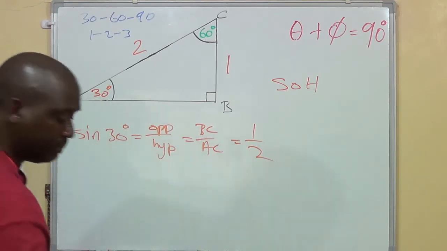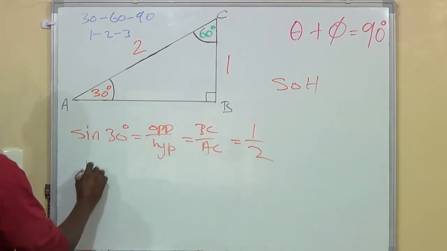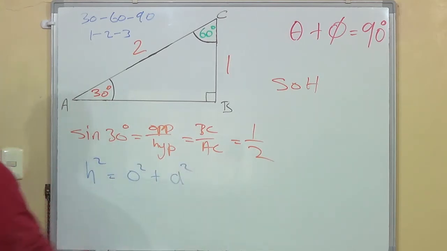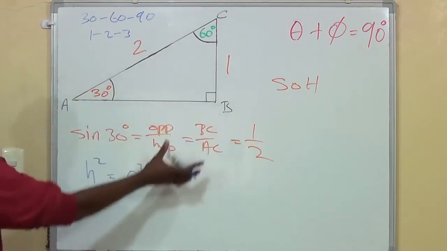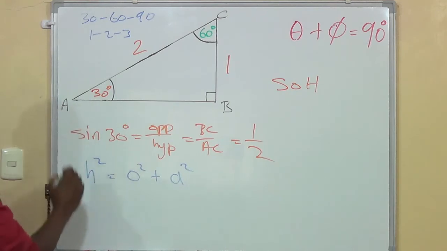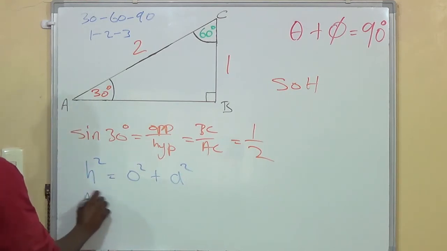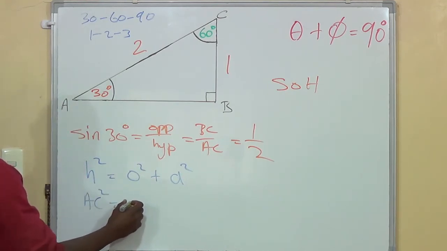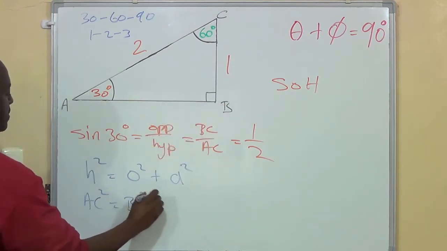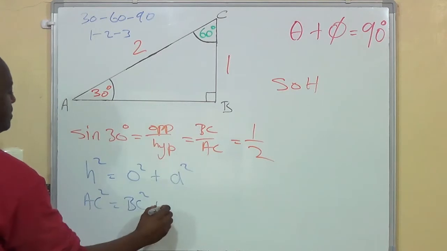So you start off by saying that the hypotenuse squared is equal to the opposite squared plus the adjacent squared. That is your classic Pythagoras theorem. In this particular triangle where 30 degrees is the reference angle, the hypotenuse is AC, so AC squared is equal to the opposite side BC squared plus AB squared.